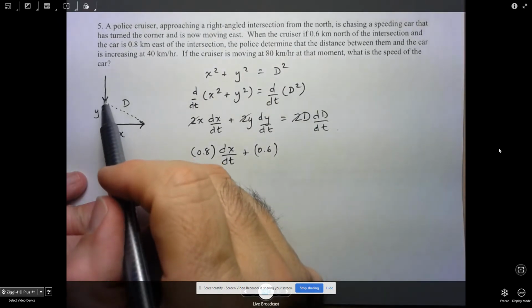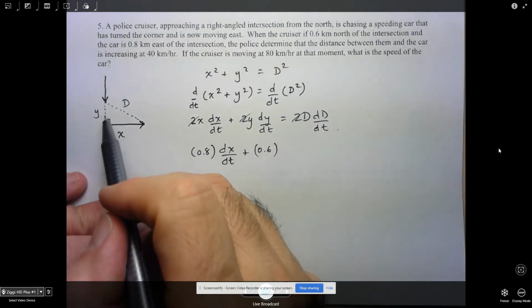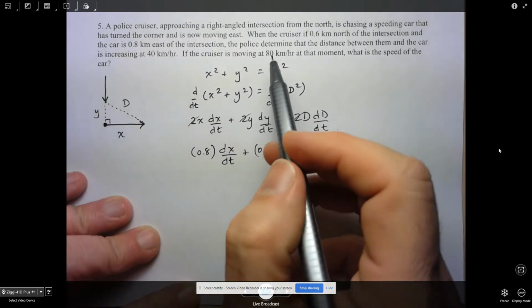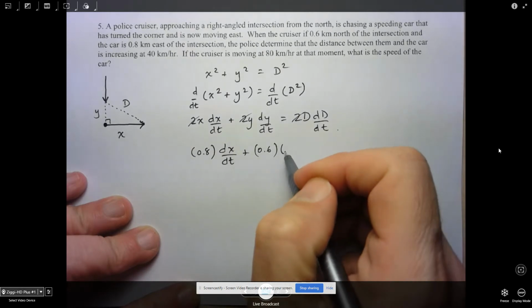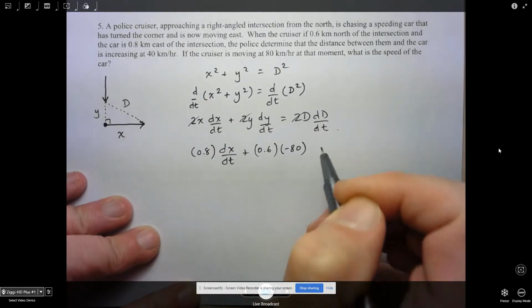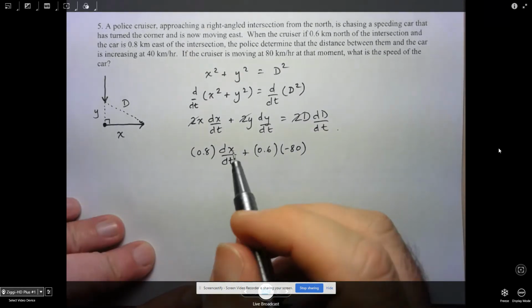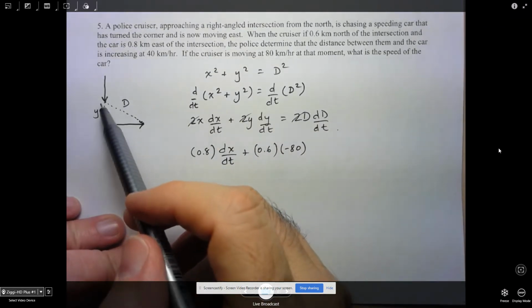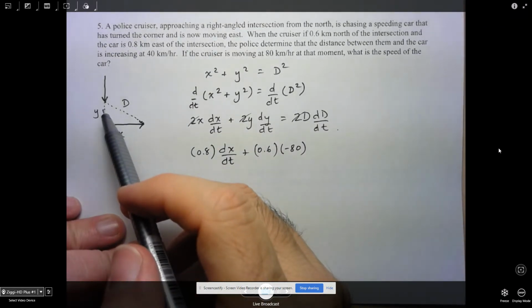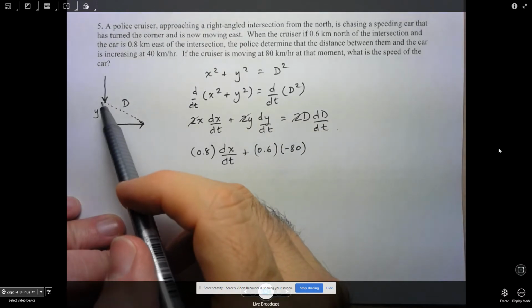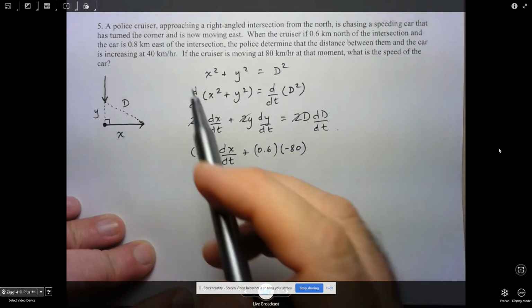And as the police car moves, this distance is decreasing. So it's not going to be 80 kilometers an hour, it's going to be negative 80 kilometers an hour. Make sure you keep in mind that if an expression is decreasing, then its rate of change is going to be negative.